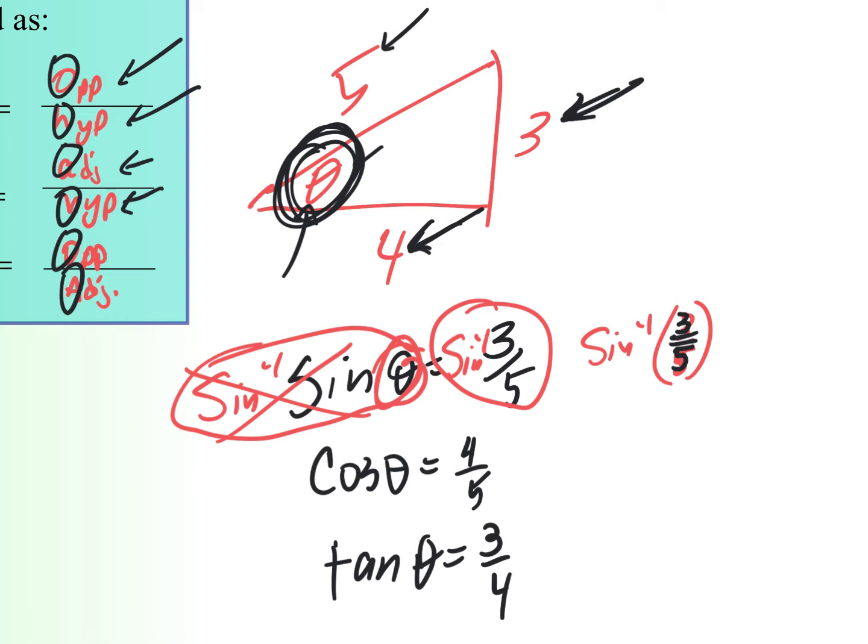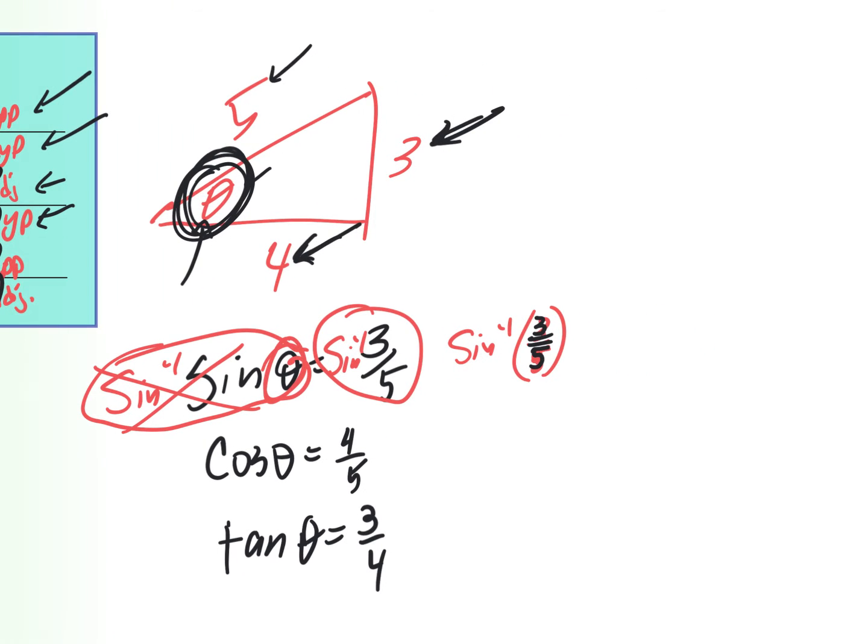So if I take my calculator and I go to inverse sine, which is right above sine on the calculator, and I go inverse sine of 3/5 in parentheses, I hit enter, I get 36.86, about 36.9 degrees. And that's theta. So what did I do again?